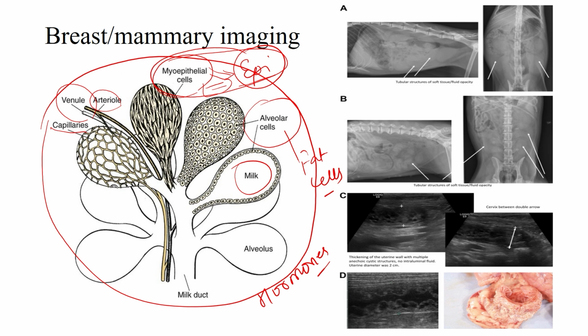So when these original cells keep on changing from one form to another, there are chances of tumor or cancer development. So this is the one for which we normally do mammary gland imaging.